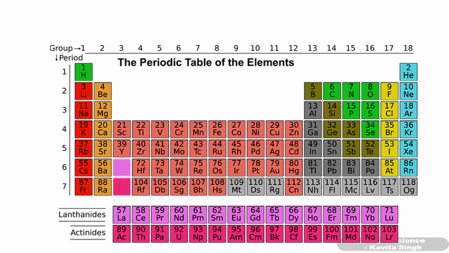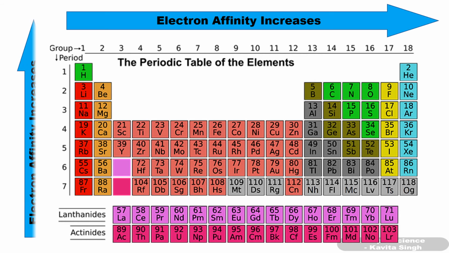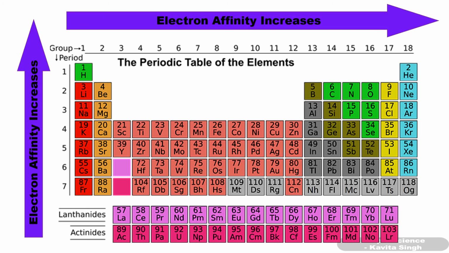Now, how is the electron affinity trend in the periodic table? Electron affinity increases, that means the love for electron increases, as you go from left to right in a periodic table. And it increases when you go from bottom to top. That means the first group elements will not require electrons that much.